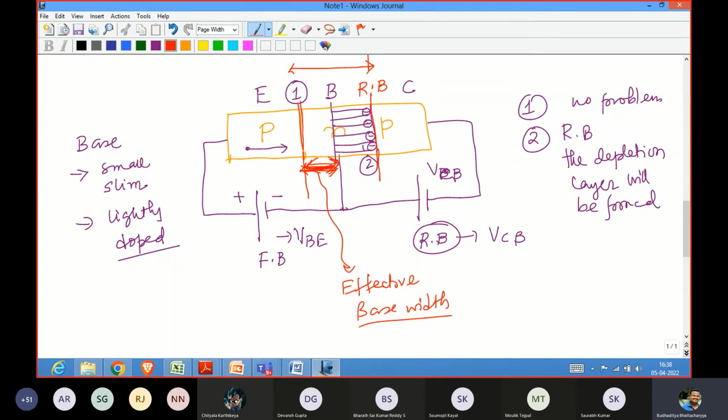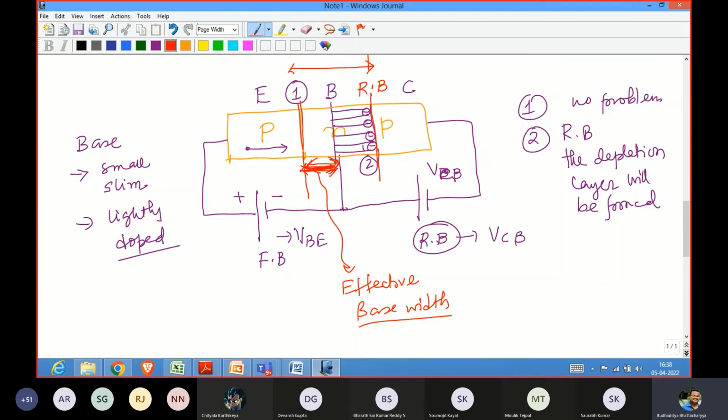So what does that mean? That is, the base width has been modulated or shrunk based on the reverse bias voltage which has been applied, right? If you go back to previous few slides, I told you that the base region is so this particular process, first of all, let me finish off on this.